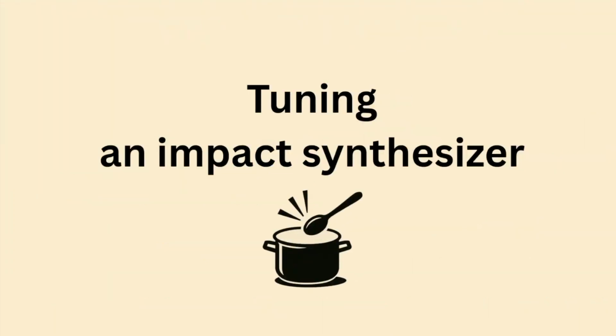One of the first things we considered was tuning an impact synthesizer. Don't worry too much about what that is specifically under the hood. Again, it speaks to the generality of our method, that it's agnostic to the parameterization. I'll give you a few words.